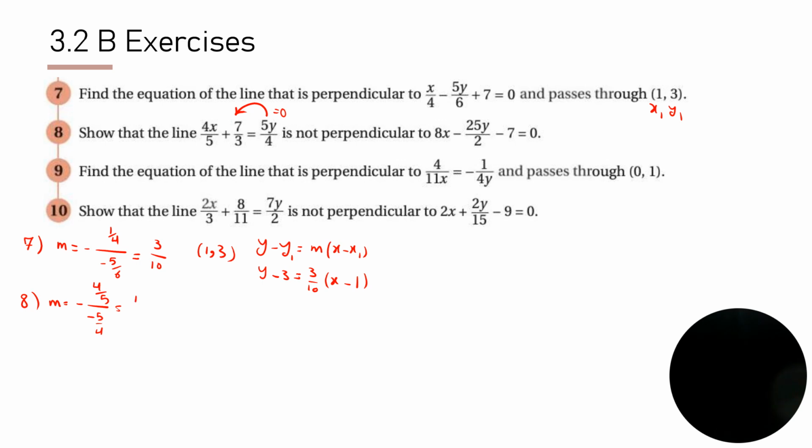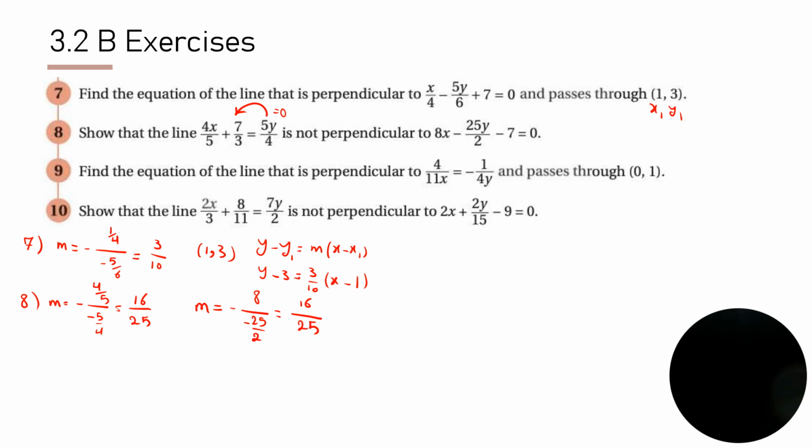If you simplify it, it's going to be 16 over 25. The gradient of the second line is negative the coefficient of x, which is 8, over the coefficient of y, which is negative 25 over 2. If you put it into the calculator and simplify, it's also going to be 16 over 25.